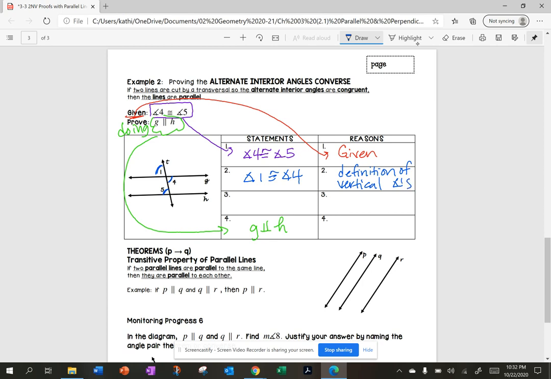And then I see that angle 4 is repeated again. So if angle 1 is congruent to angle 4 and angle 5 is congruent to angle 4, then I can say angle 1 is congruent to angle 5. And that's the transitive property of congruence.